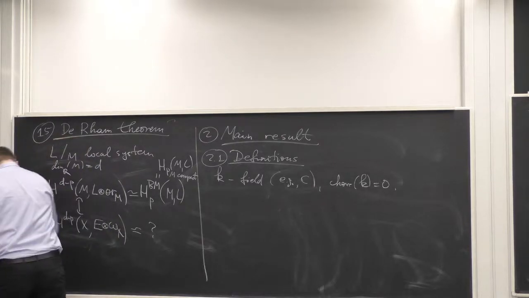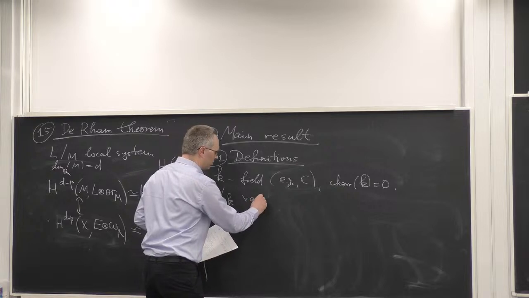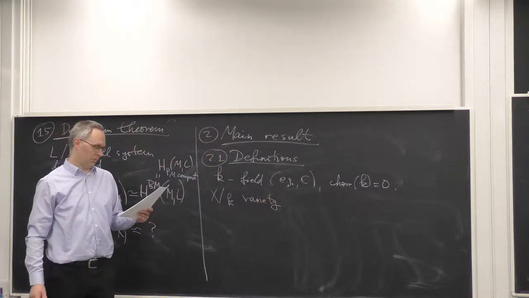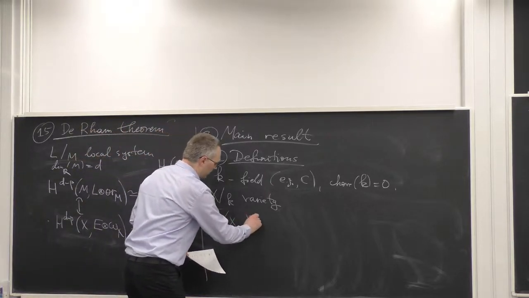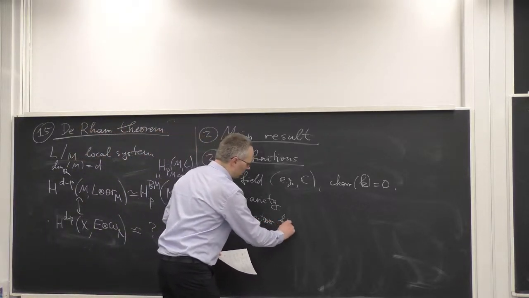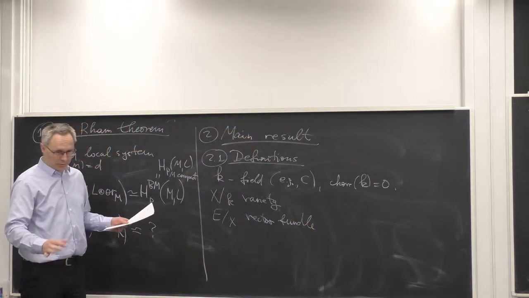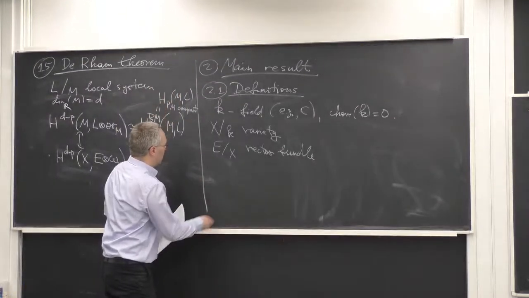And let X be a variety. Not necessarily smooth, just a variety. Of course, I'm not assuming that the variety is irreducible. And let E over X be some algebraic vector bundle.